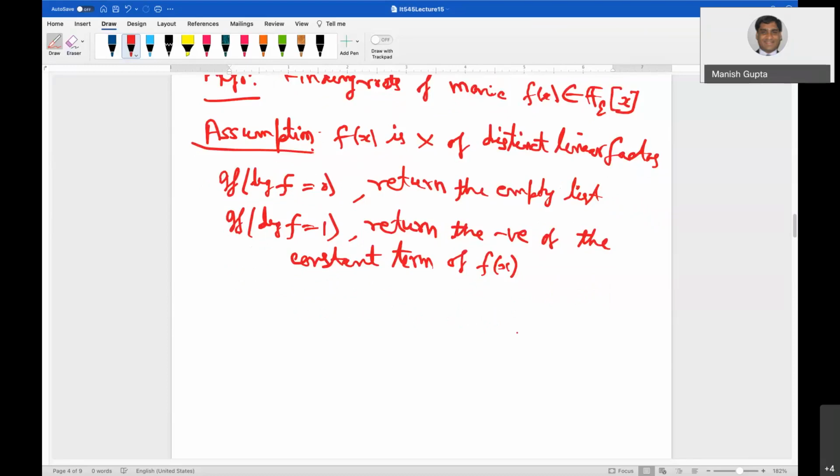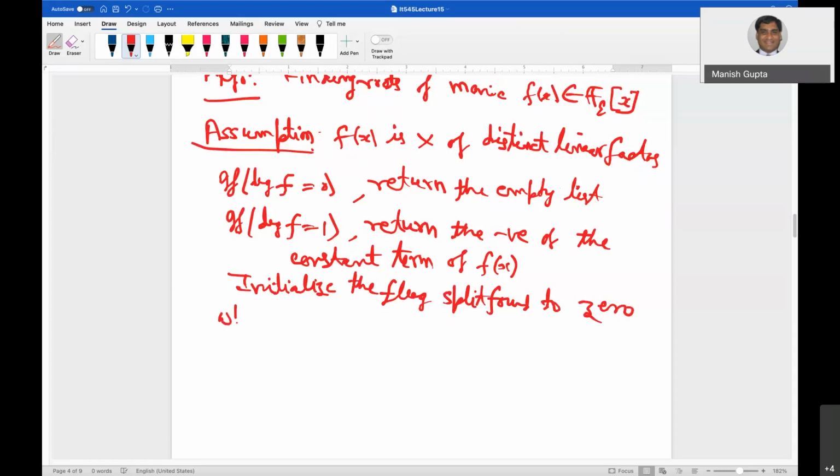Fine. Now we initialize the flag, I call it split found, to 0. We put a flag and named it split found, set to 0.